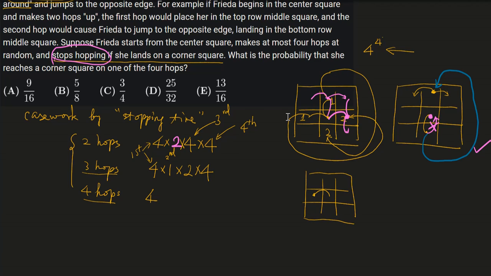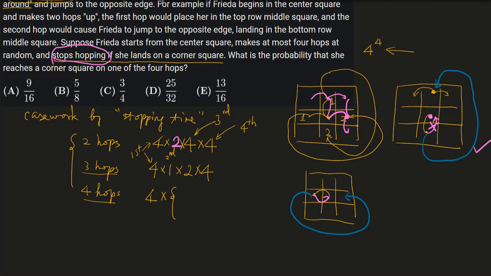Now she has two choices. She can either hop back to the starting point or hop out and then wrap around and land in here, right? So that means she has two subcases.